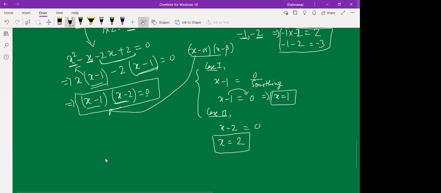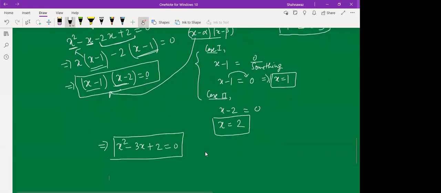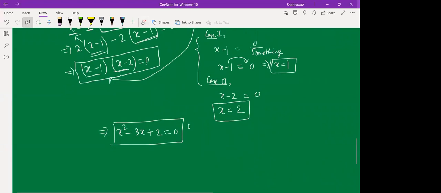Your equation was x square minus 3x plus 2 equals to 0. This was the equation, right? And with your calculation, you found out the roots or the zeros of this equation. It came out to be x equals to 2 and x equals to 1, right? So let's say I want to prove that these are the zeros.